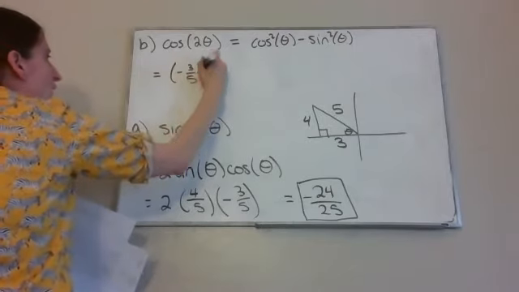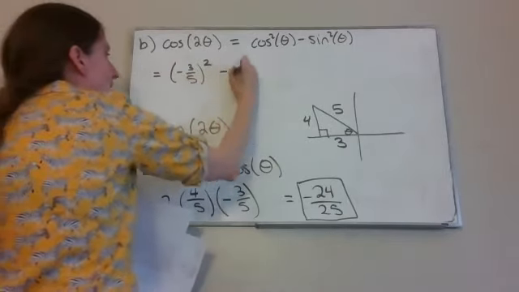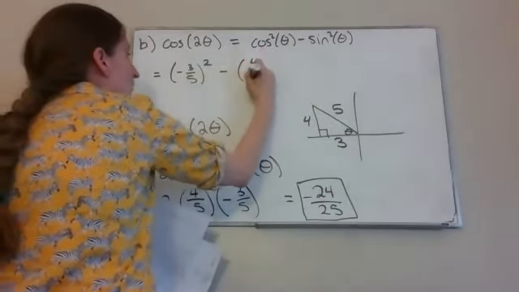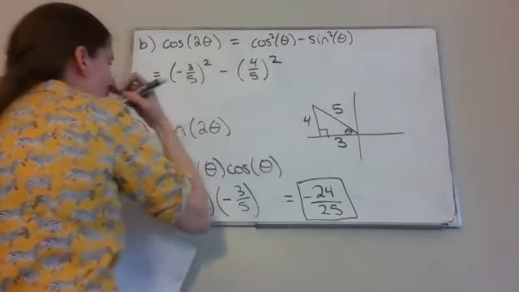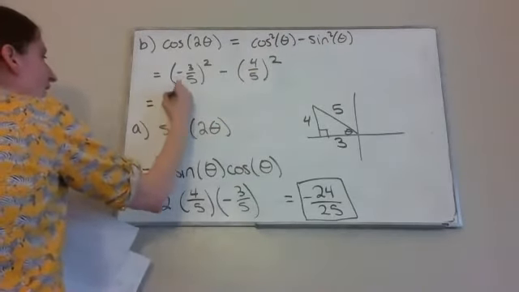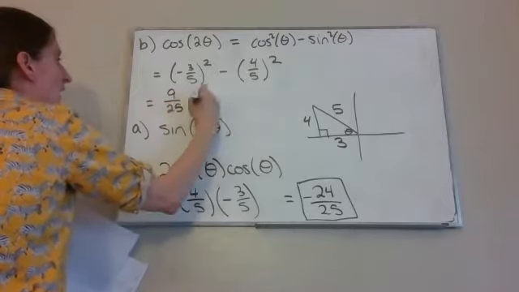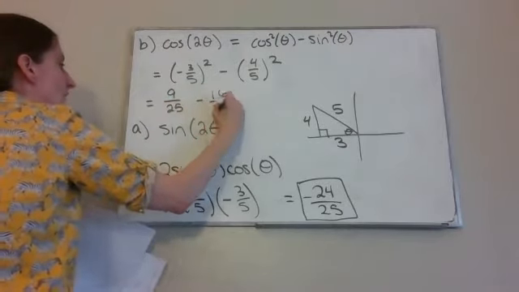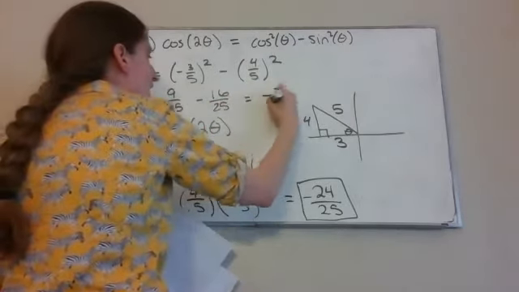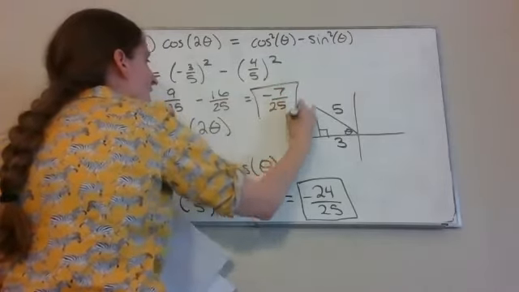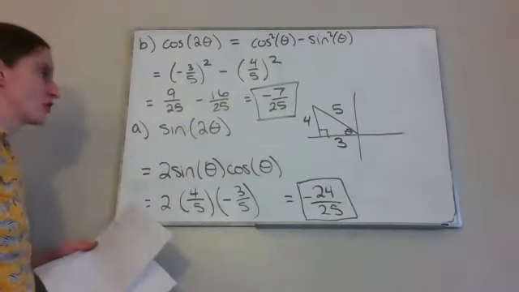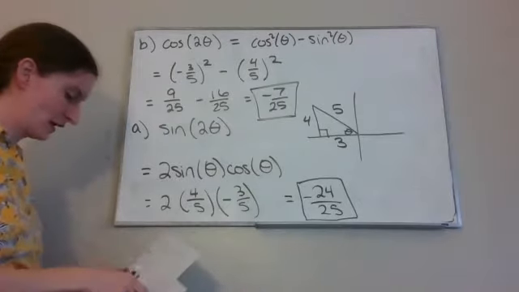So I get negative 3/5 squared minus my sine of theta, which was 4/5 squared. Simplifying this, I get 9 over 25 minus 16 over 25, which is negative 7 over 25 for the fully simplified version of cosine of 2 theta.